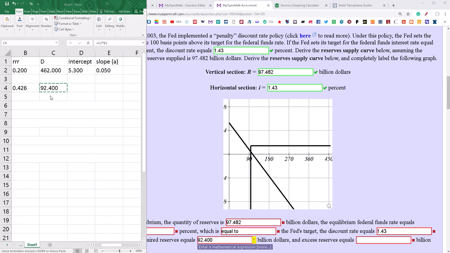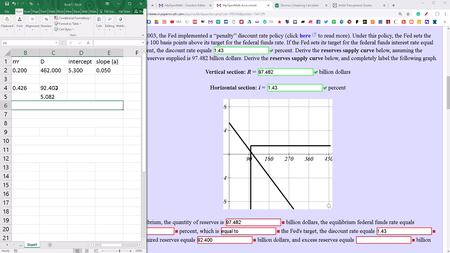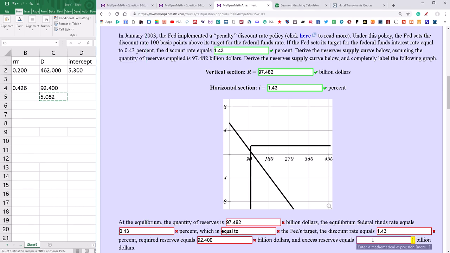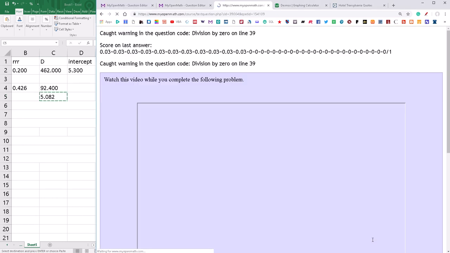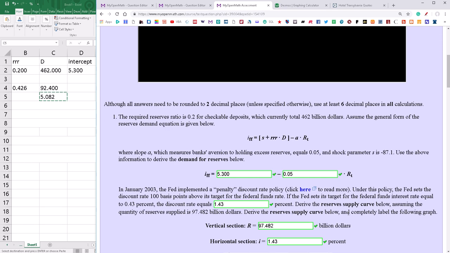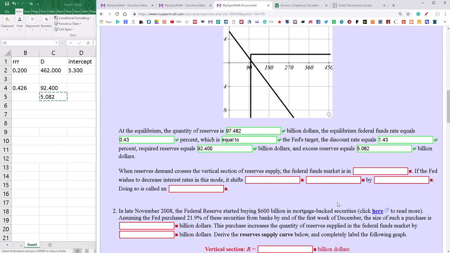Excess reserves is the difference between the quantity of reserves, which is 97.42, and required reserves, which is 92.4. So excess reserves are only $5 billion, roughly. Let's hit enter and see if we got everything correct, and we should. Okay, we got everything correct.